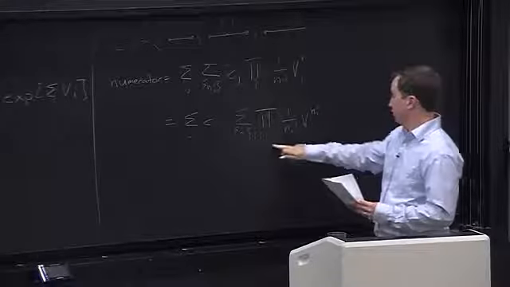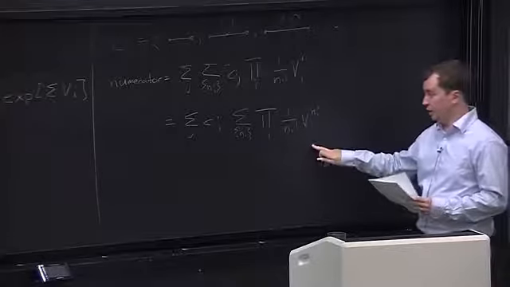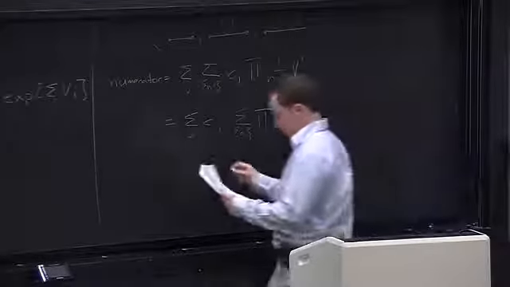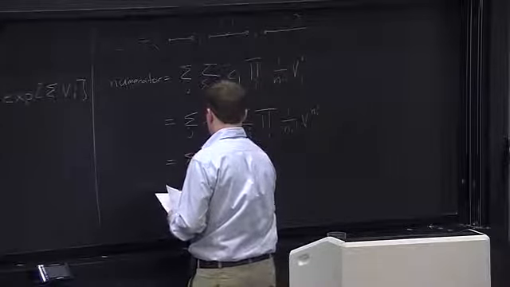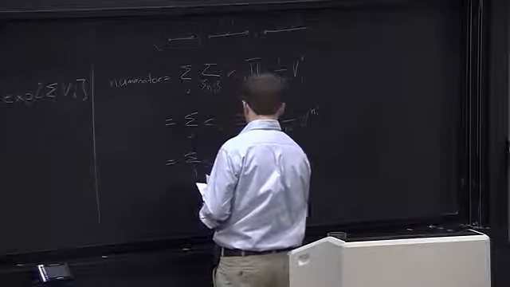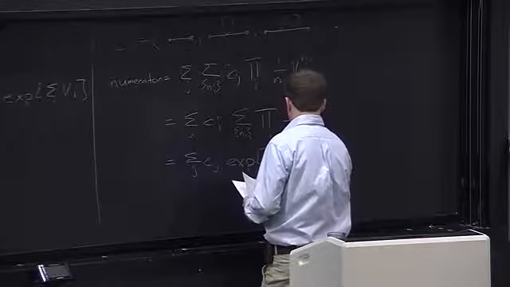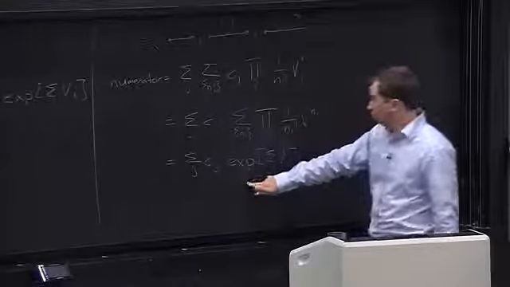And this is just the exponential of the sum of the connected vacuum diagrams, which is the same as the denominator. And so this cancels out.